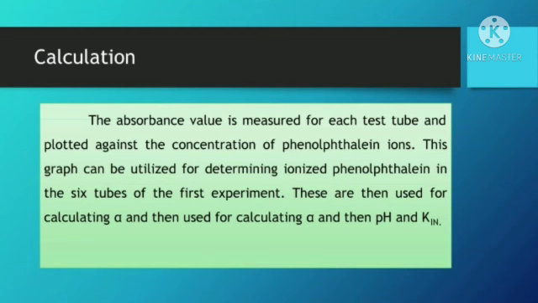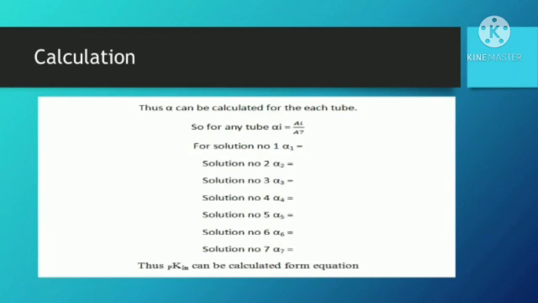This graph can be utilized for determining ionized phenolphthalein in the 6 tubes of the first experiment. Thus, alpha can be calculated for each tube. So, for any tube, alpha_i is equal to A_i upon A_7.